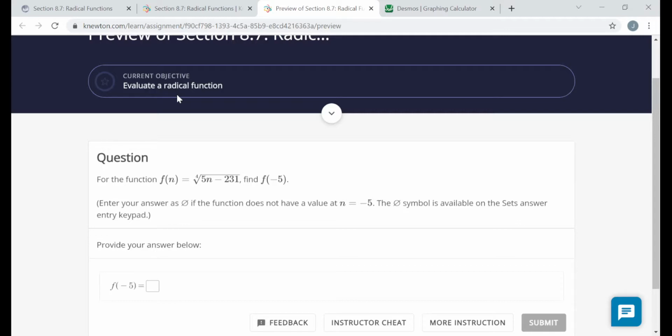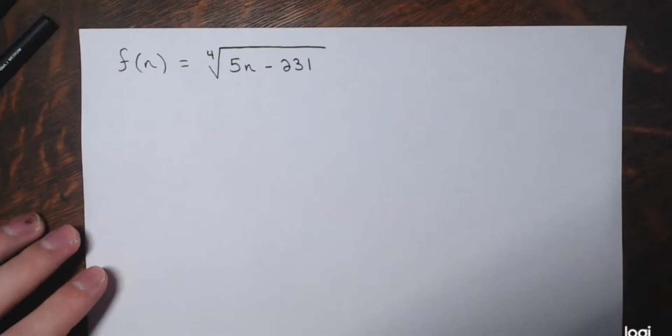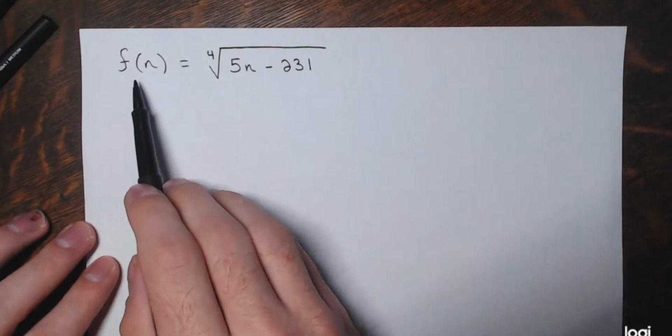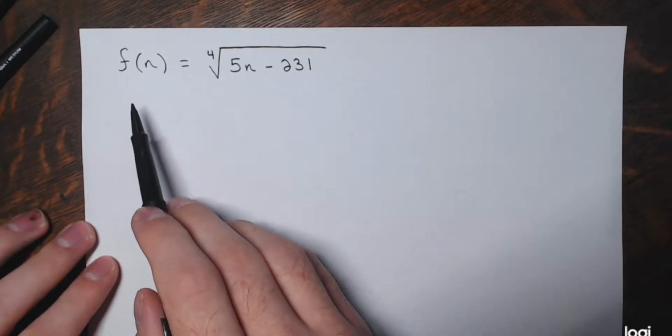Okay. So I'll write out this first one here. We're given a radical function, a 4th root function, and we're asked to evaluate this function called f when the input, which is n, is -5. Here's the function they gave us. You've seen function notation before.